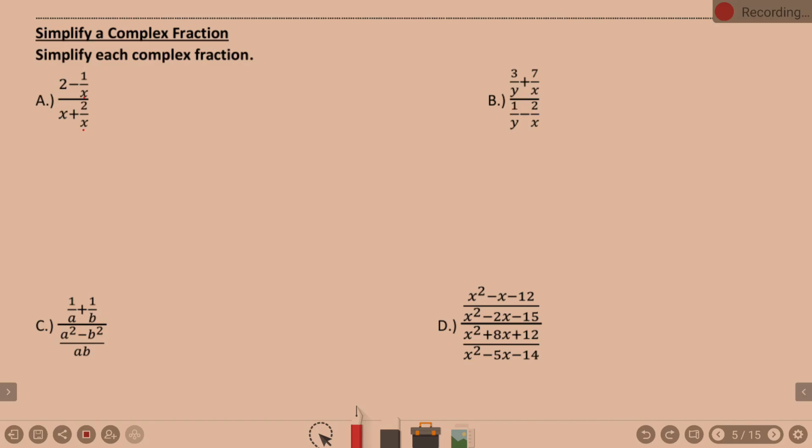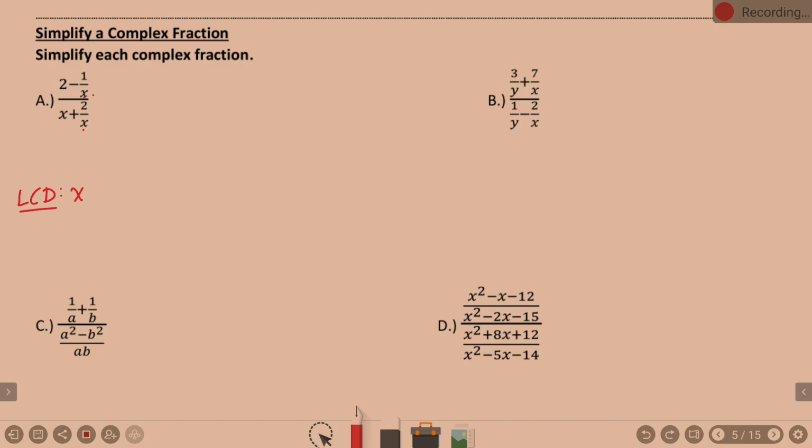Now, just like what we were doing, we're going to think least common denominator. But our least common denominator is of the denominators that are within the fractions. Okay? So we have x here, we have x here, so what's my least common denominator? X. It's already there, yes?